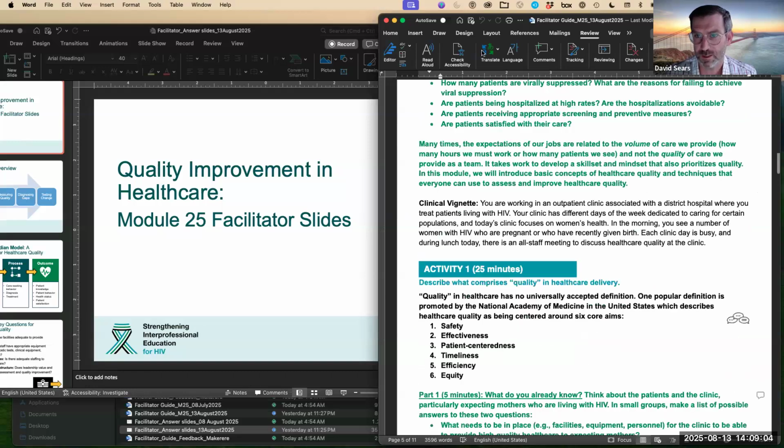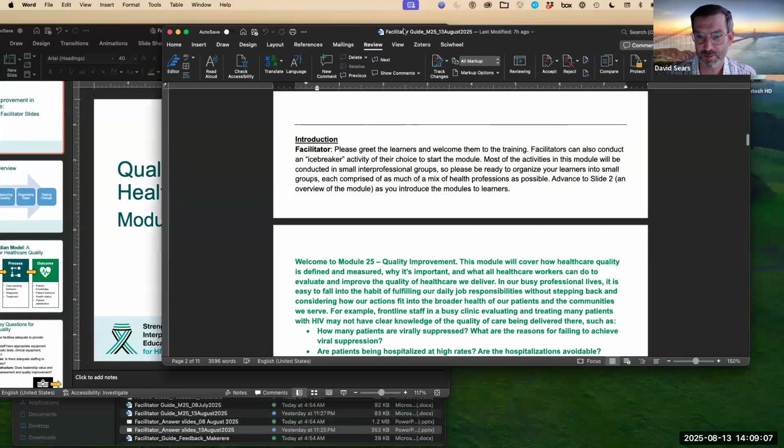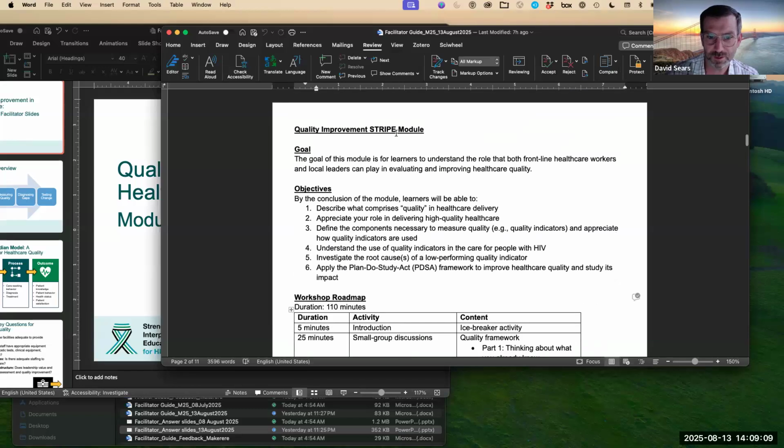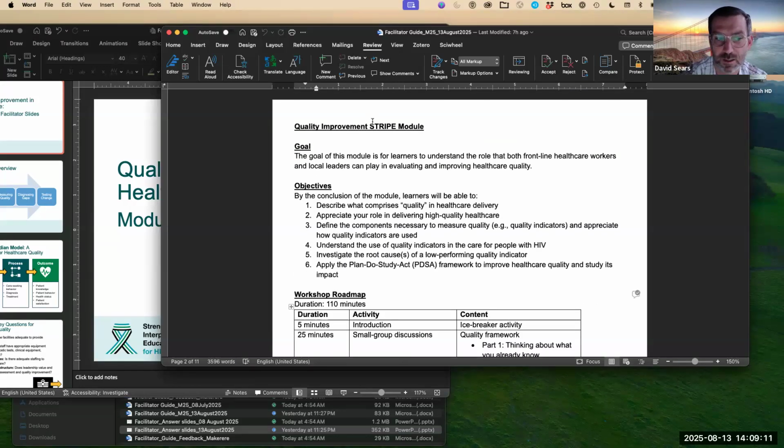So let's talk about the module then. For those who are less familiar, as Melissa alluded to, the STRIPE modules generally have been in-person interprofessional trainings. That means there's a facilitator, or ideally a few facilitators, in the room with individuals who are either training or, in many cases, have finished training in various health professions.